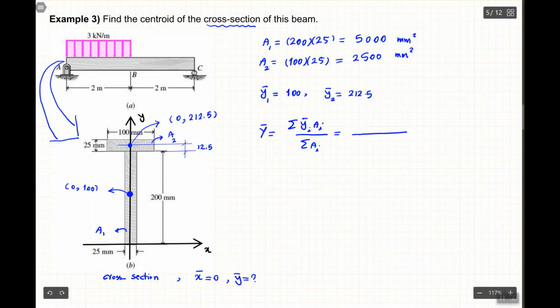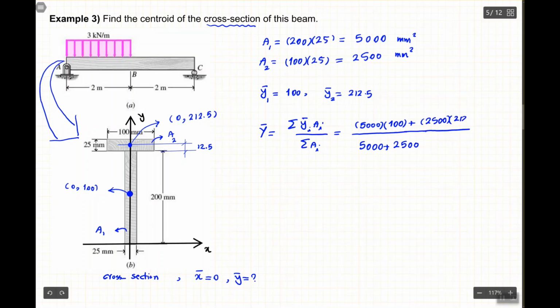Let's put the numbers together. 5,000 plus 2,500 in the denominator; in the numerator, A1 multiplied by 100 plus A2 multiplied by 212.5.